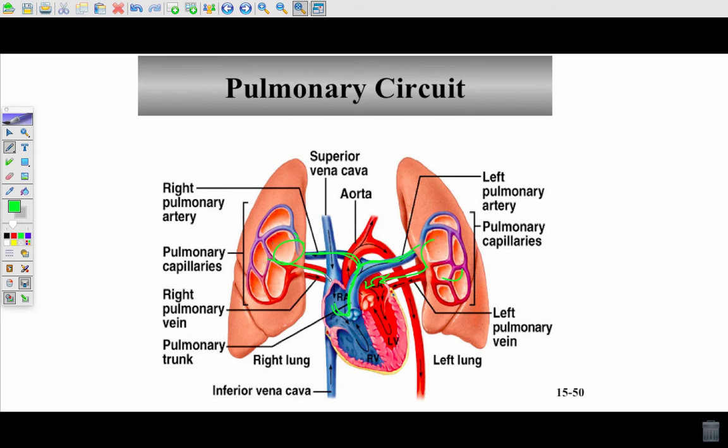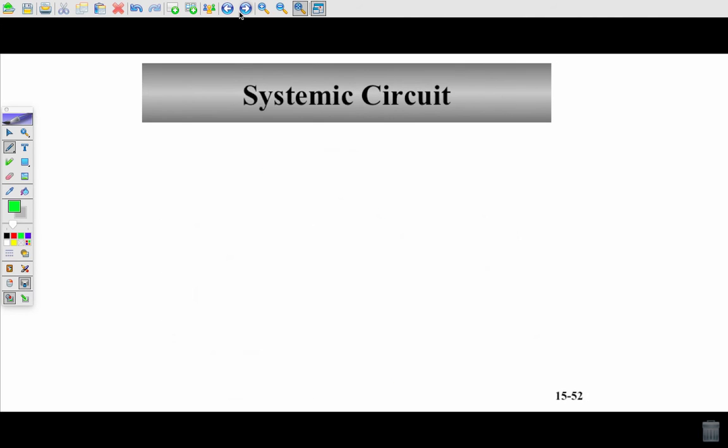So just to reiterate, start with the pulmonary trunk, which goes into the left and right pulmonary arteries, out to the lungs, and comes back to the heart from the lungs through the left and right pulmonary veins.